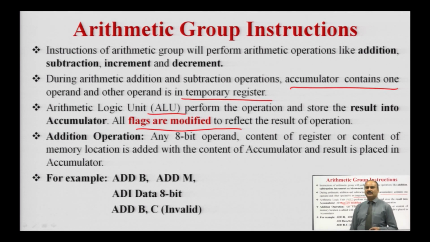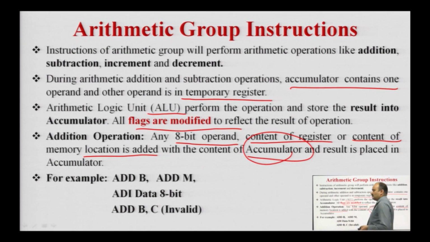So, any 8-bit operand, that is the content of the register or the content of the memory location specified with the instruction, is added with the content of the accumulator. The accumulator always comes into the picture during the arithmetic operation, and the result of the operation is always stored into the accumulator.